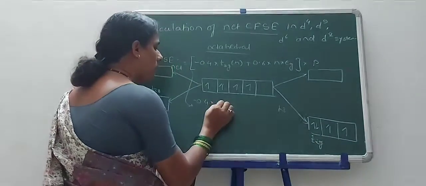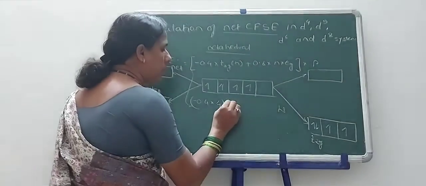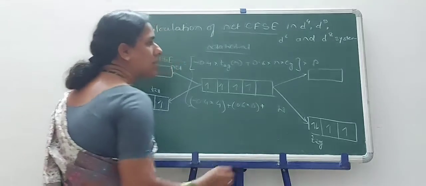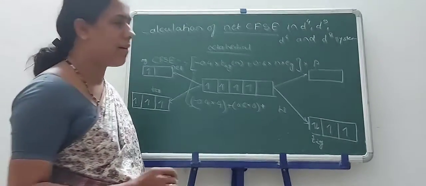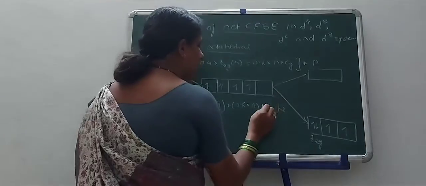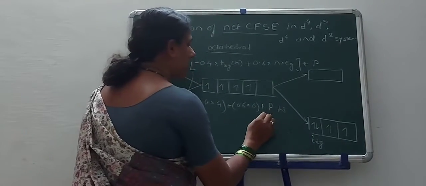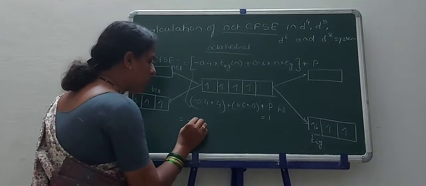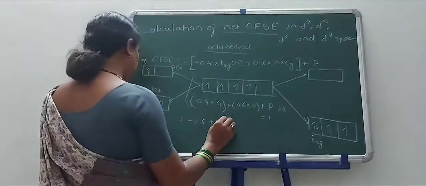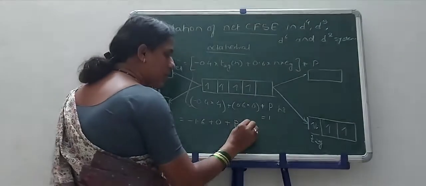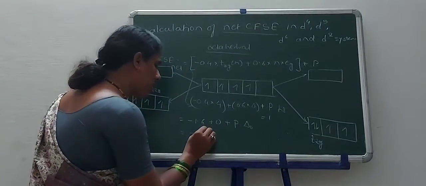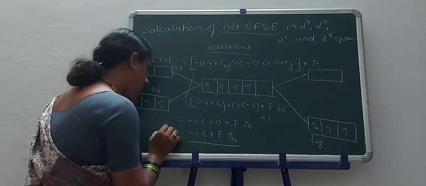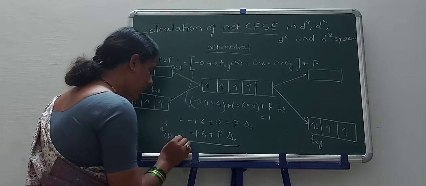That is 4. Plus 0.6 into how many Eg electrons? 0. Plus the pairing energy, and the number of pairs is equal to 1. Now the answer comes to minus 1.6 plus 0 plus P. In the case of delta octahedral, it is equal to minus 1.6 plus P delta octahedral. That is the net CFSE for d4.